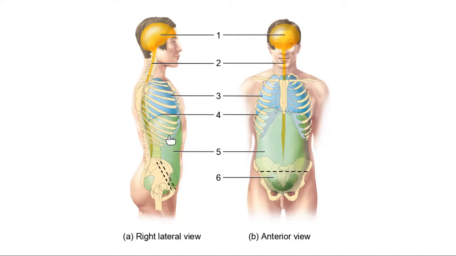The ventral body cavity is divided by number 4, which is the diaphragm, to upper part and lower part. The upper part is called thoracic cavity, while the lower part is called abdominopelvic cavity. In the thoracic cavity itself, we have some subdivisions. If I want to draw the picture here for you, I draw something like this.